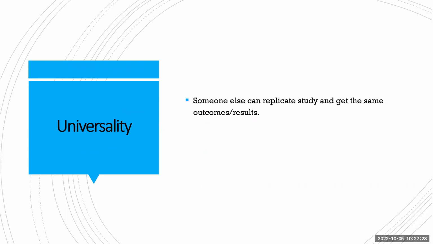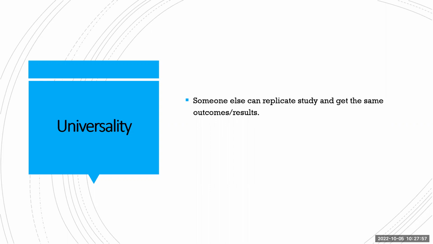So universality: when researchers do a research experiment, for example, how they set it up and the conditions and the environments and the factors that went into it should all be replicable. In other words, someone else should be able to duplicate that on their own if they wanted to. That is a sign of the universality of research, right? Again, they're being very transparent.